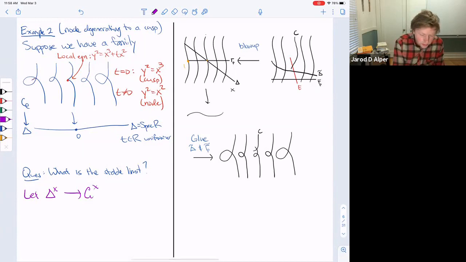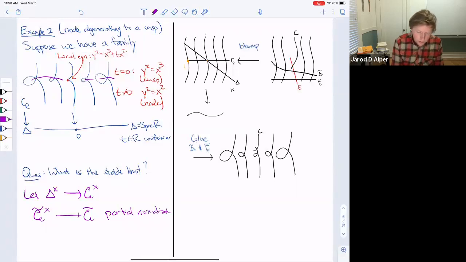Note that maybe after base change, you can find a section that passes through these nodes, and then you take the partial normalization. Well, let me call it the pointed normalization. In this case, I just have one node, and because there's one node, there are then two sections.